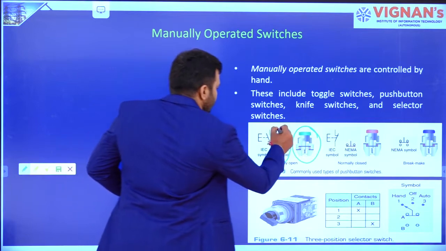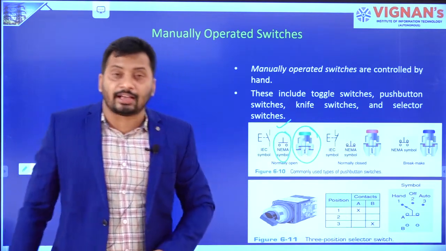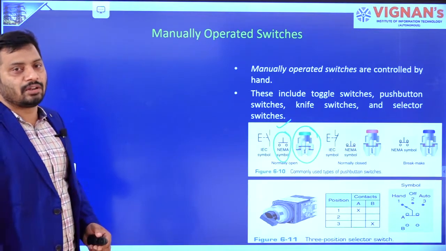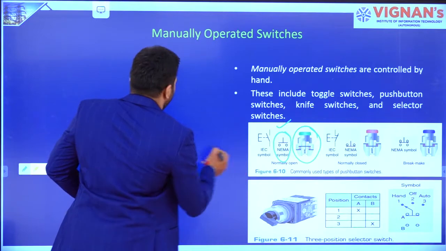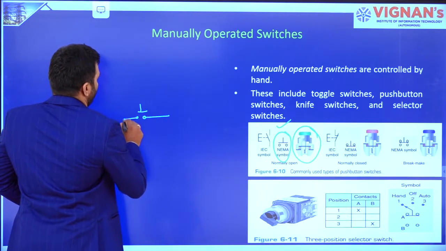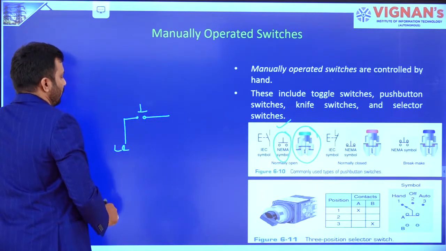Normally this symbol is frequently used in this explanation, as well as in future discussions of this push button. This is the symbol you are going to use. Previously I also gave this symbol for switching on from the line voltage, right.